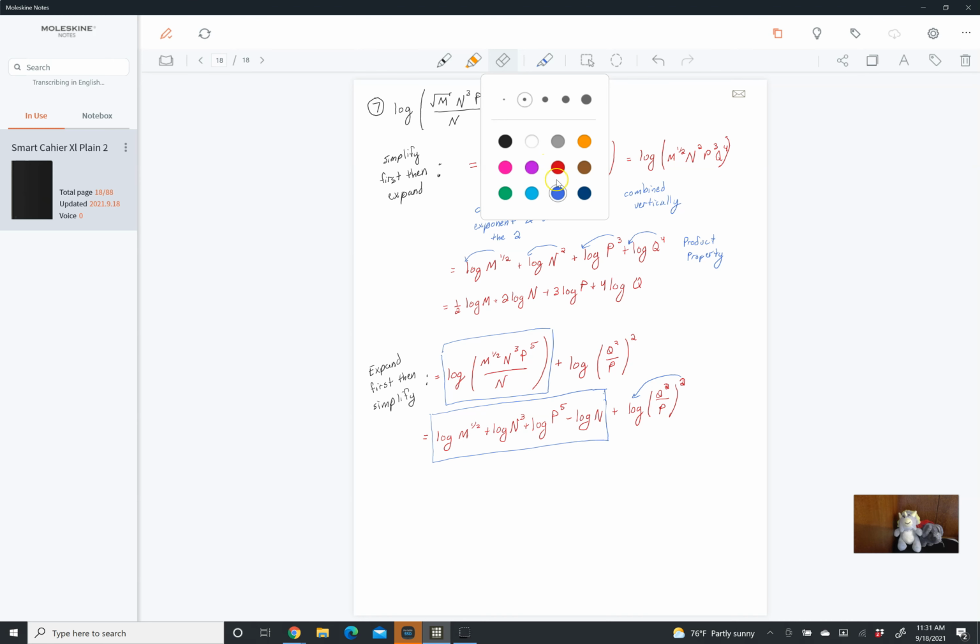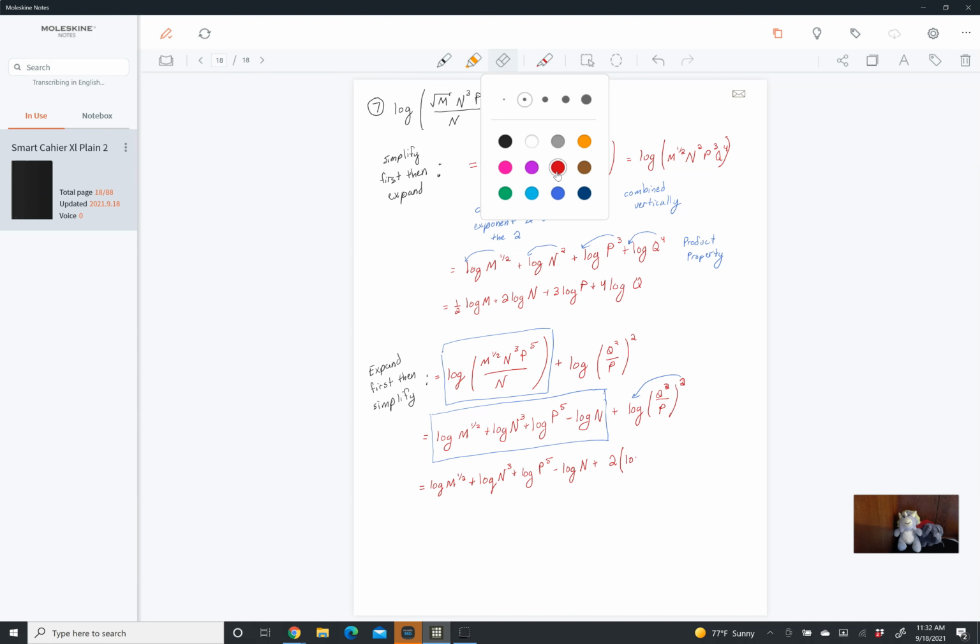So now we have equals log m to the 1/2 plus log n cubed plus log p to the 5th minus log n plus 2. And now we're going to expand this second one.